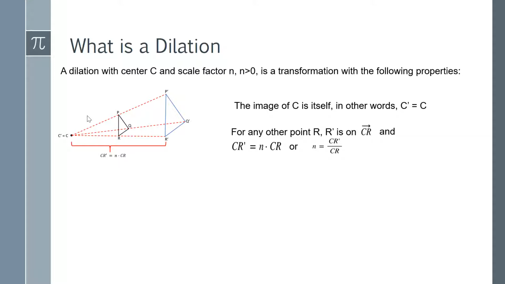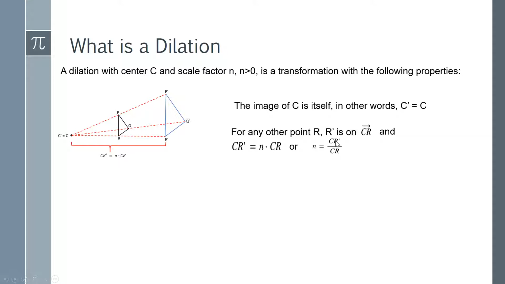For any other point, and we're looking at point R, R prime is on CR. See, R prime is on that line, or that ray, CR. And CR prime, in other words the distance from C to R prime, is based on a scale factor, which is this n right here.